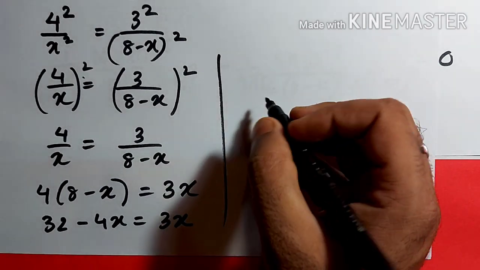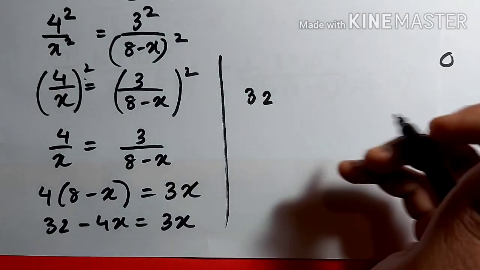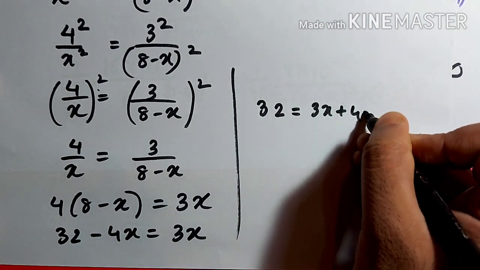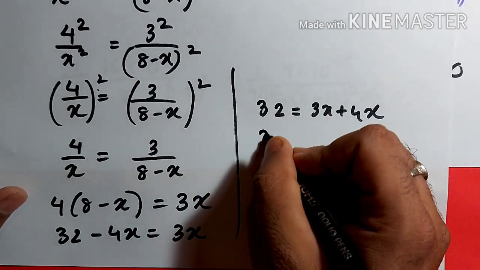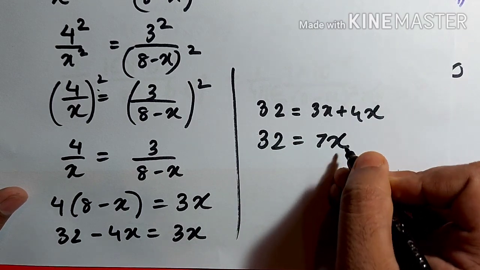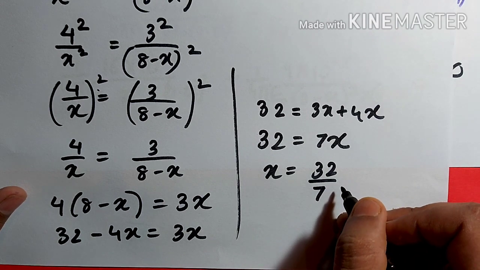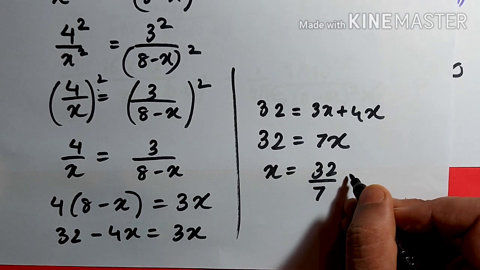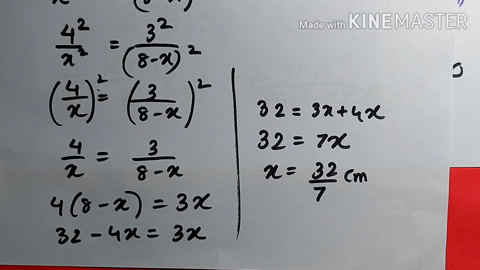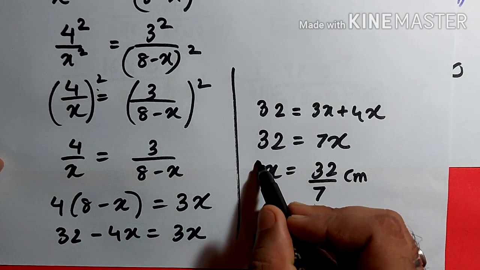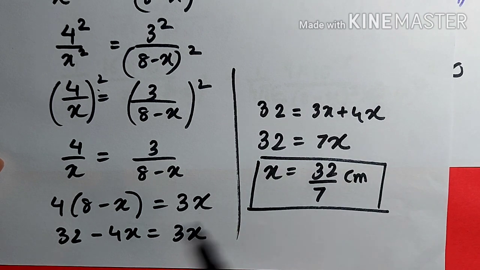Hence 32 equal to 3x plus 4x, or 32 equal to 7x, that is x equal to 32 by 7 centimeter, because in the given question we have the value in centimeter, so I calculated the value of x in centimeter. So the final answer is 32 by 7 centimeter.